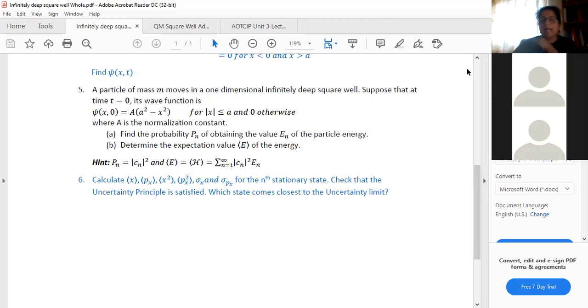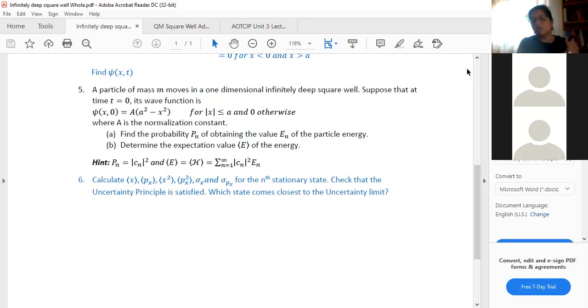And then it says check that the uncertainty principle is satisfied. What do you mean by the uncertainty principle being satisfied? You have to see that the uncertainty in x times the uncertainty in px is always greater than or equal to h cross by 2. That's what your uncertainty principle says, and here you have been asked to verify this.